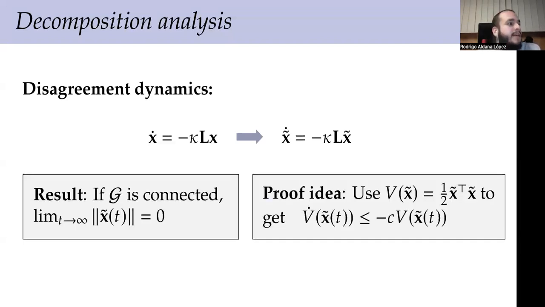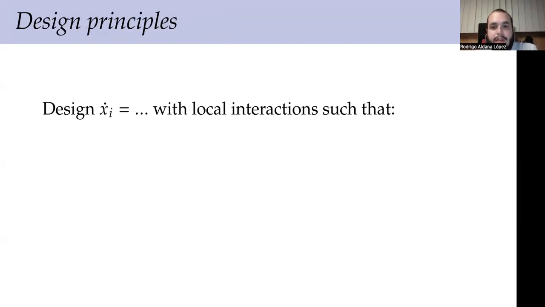And if the graph is connected, you can show that this converges to zero, right? The proof idea, which will be very important later, is that you can use a very simple Lyapunov function to arrive at this differential inequality, right? Which will allow you to have some sort of robustness, okay? So this is linear, right?